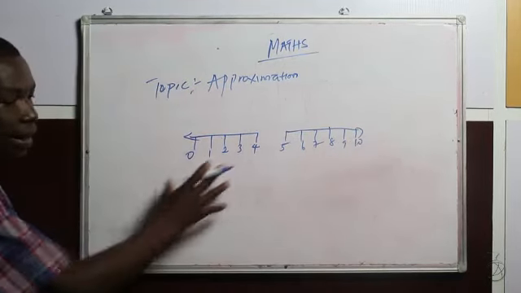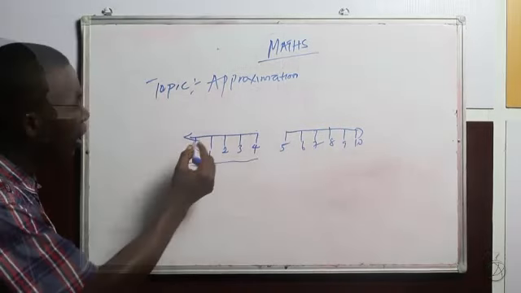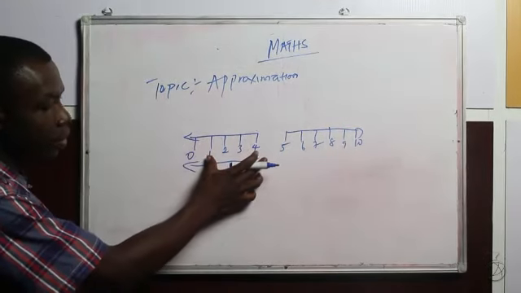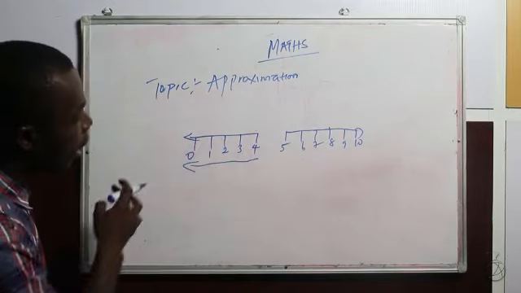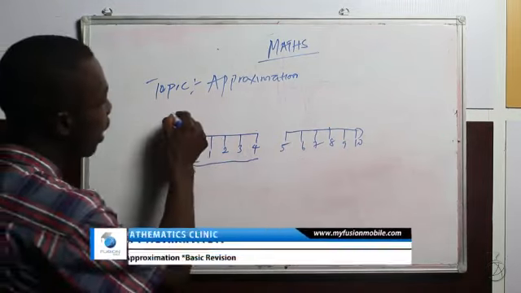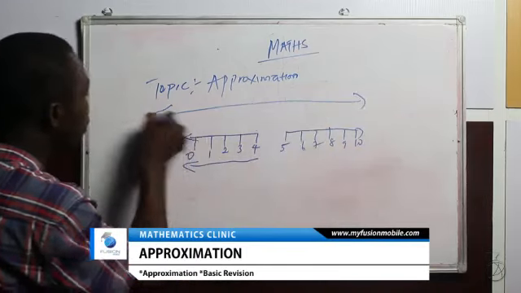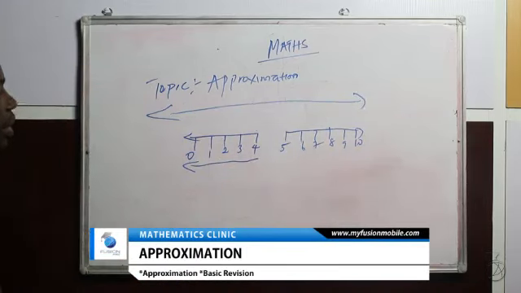Now, consider this number line. We cannot round up in this aspect because it's not up to 5. This number line shows our movement.